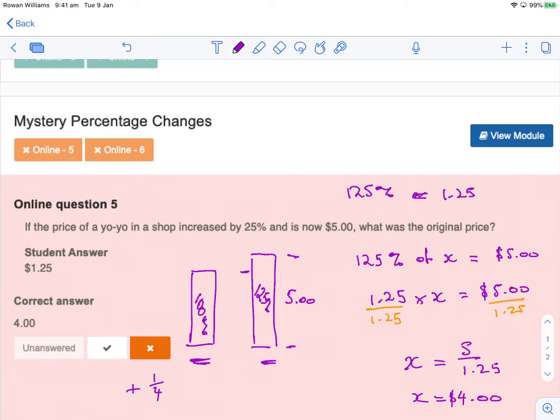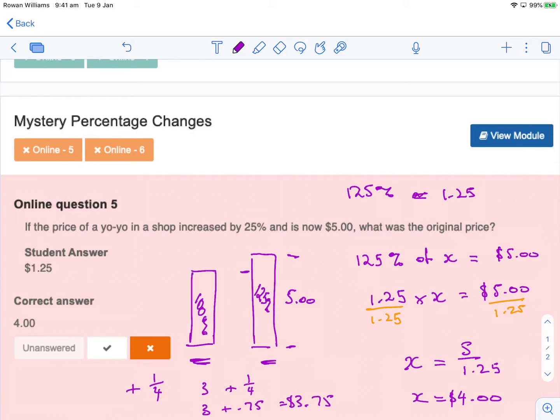So I could try some numbers to start with. I could maybe go 3, and 1/4 of 3, this is a bad number, is 0.75. So 3 plus 1/4 would be 3 plus 0.75, which equals 3.75.